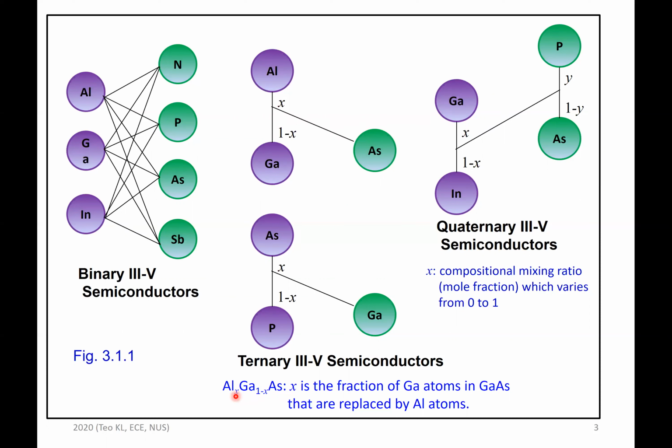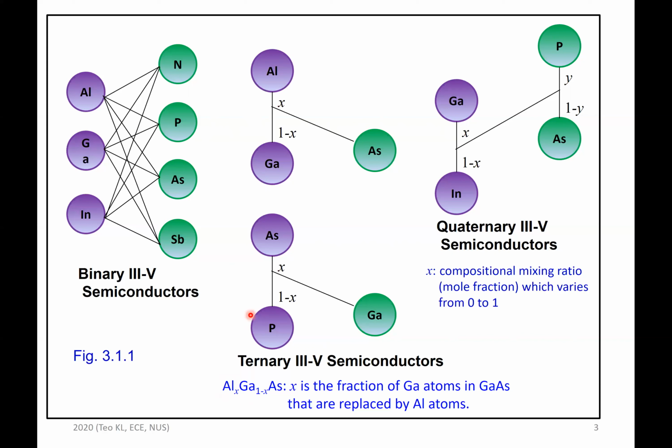If x equals 1, then you do not have gallium, so 1 minus 1 is 0, and you have only aluminum arsenide as the compound semiconductor. So x is basically a compositional mixing ratio ranging from 0 to 100%. When we grow aluminum gallium arsenide, we grow in excess of arsenic, by adjusting the aluminum and gallium ratio.